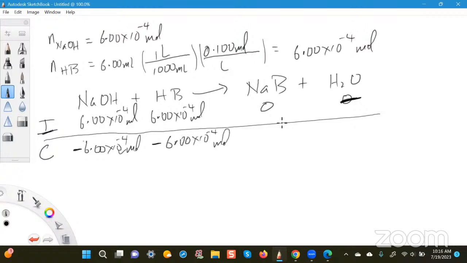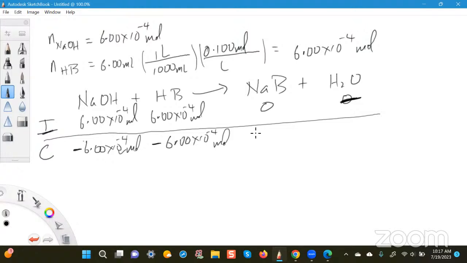And then what do you think is going to happen as far as the sodium butanoate is concerned? What would be the change? Would you square the 6.00 times 10 to the minus 4?